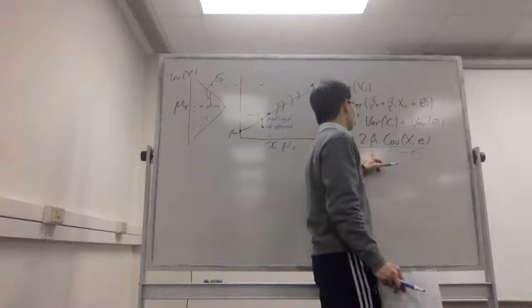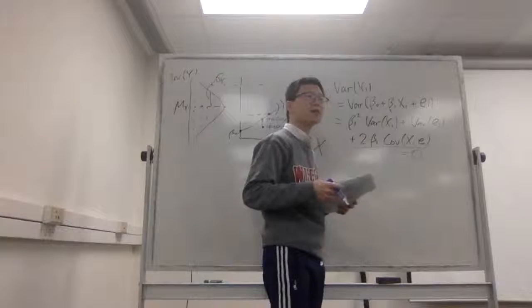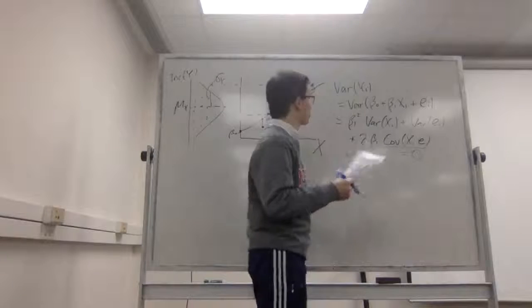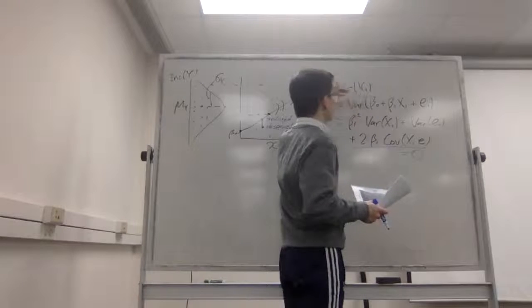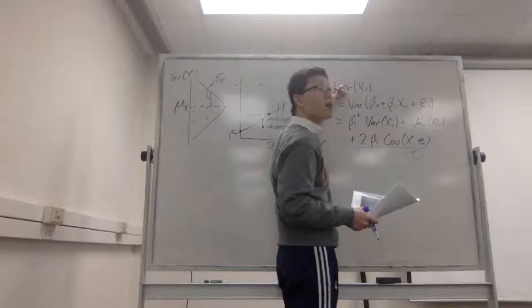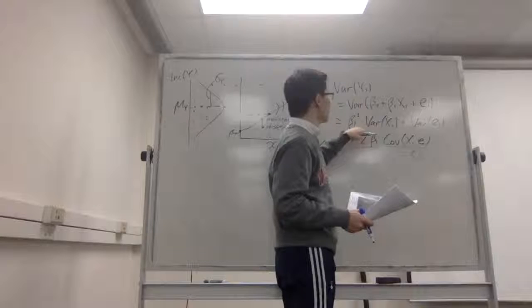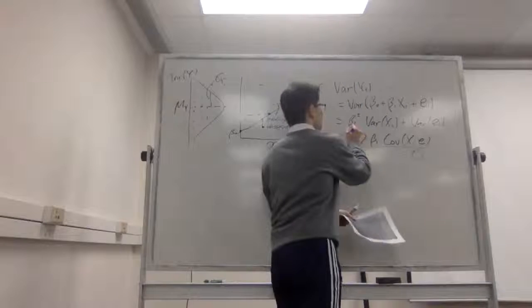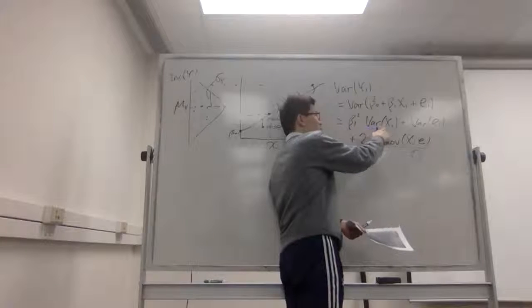So what it does is, by the linear predictor, we are decomposing the variance of y into the explained part, because we know the variance of xi.